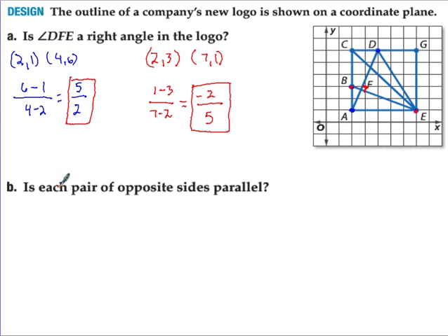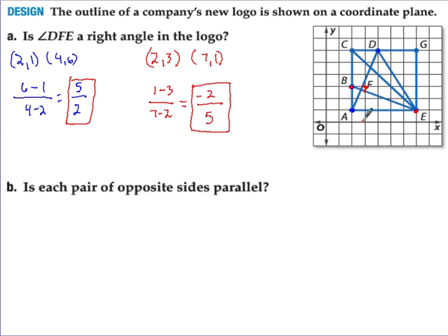So question B then is each pair of opposite sides parallel. So we've got opposite sides here, AC and GE are opposite sides. We also have opposite sides with CG and AE. And so with them graphed as they are, we can pretty well see that they are parallel because we can see where they go.